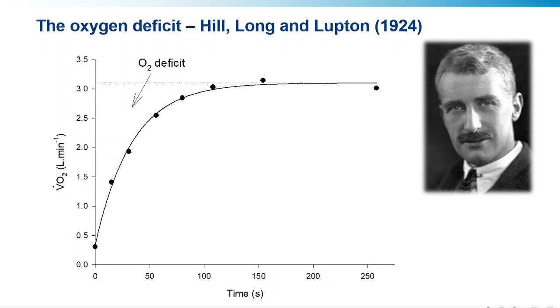And I would argue in any branch of science, getting the concept right is more important than the details, because you can fill in the details at a later date. This is the right concept, and indeed the oxygen uptake response you see here and the characterization of it was not improved for at least 50 years, until the late 1960s, early 1970s, with Wasserman and Whipp and other researchers investigating breath by breath records.